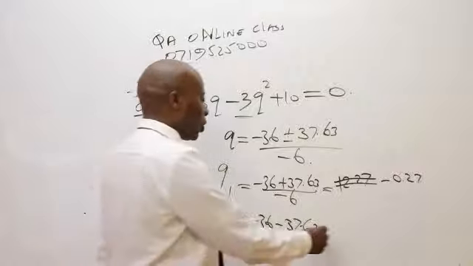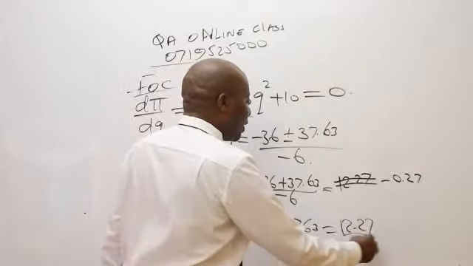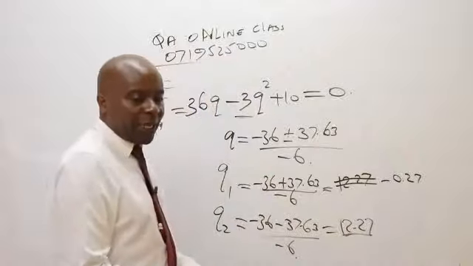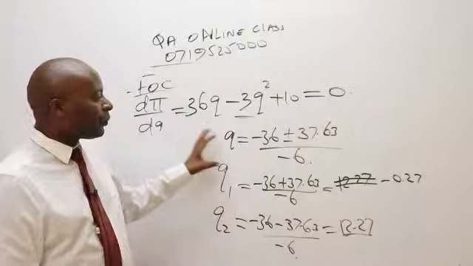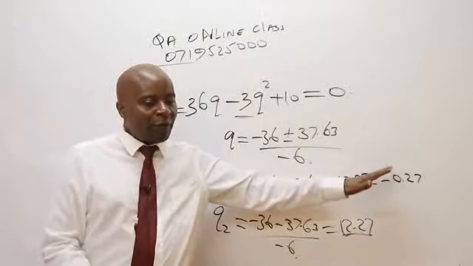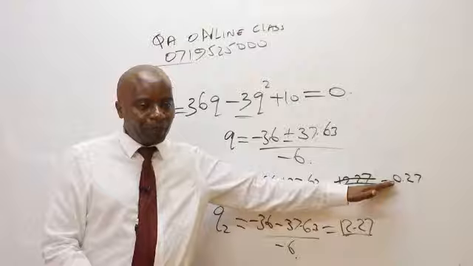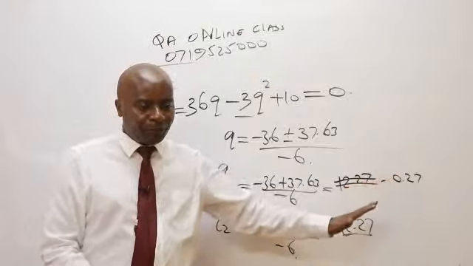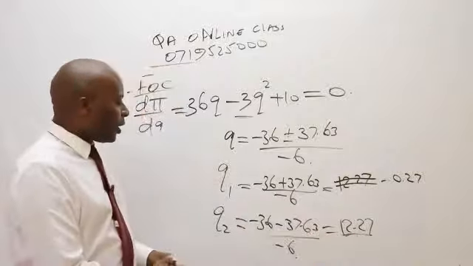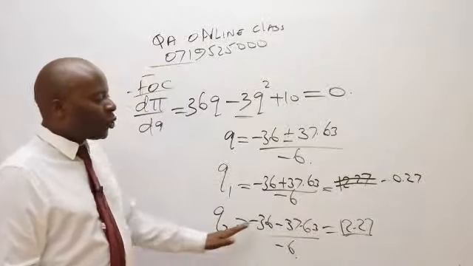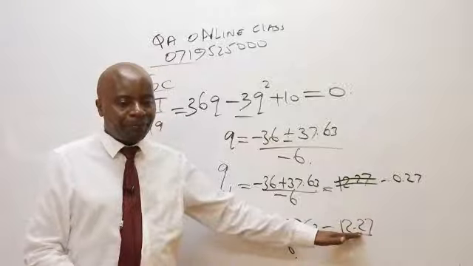12.27. Thank you very much. So, ladies and gentlemen, we have come to the end of this. Of course, it's not possible for us to have a negative quantity. So therefore, the profit maximizing output is 12.27.